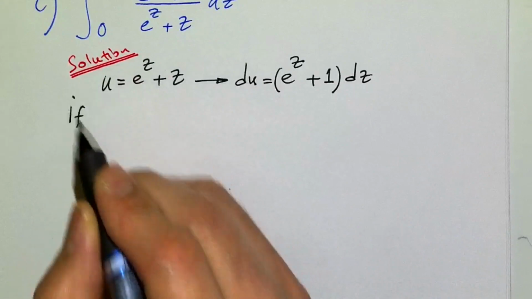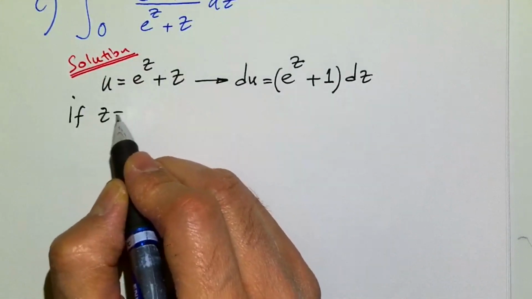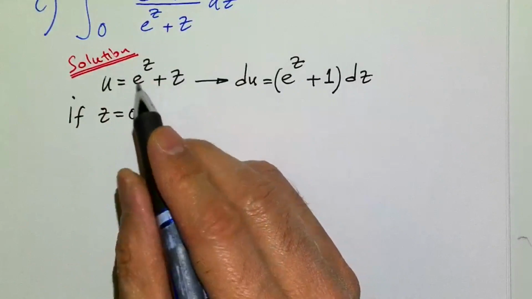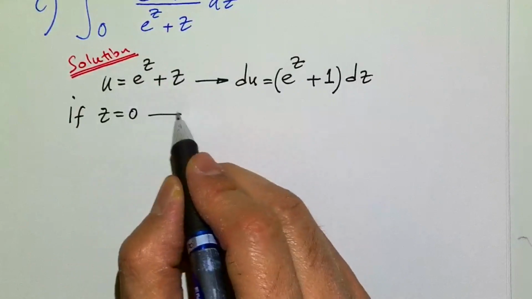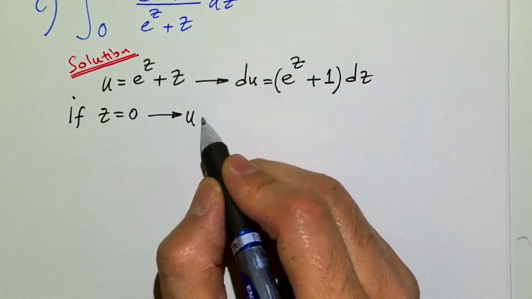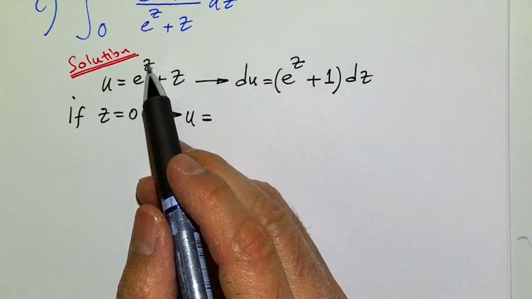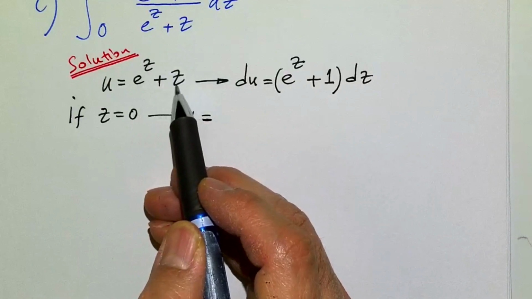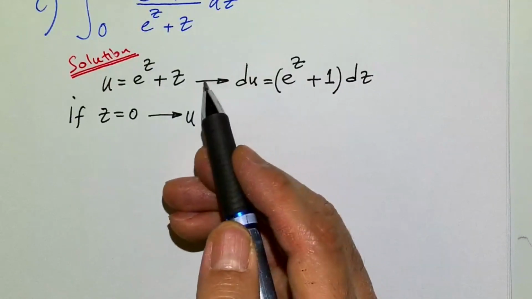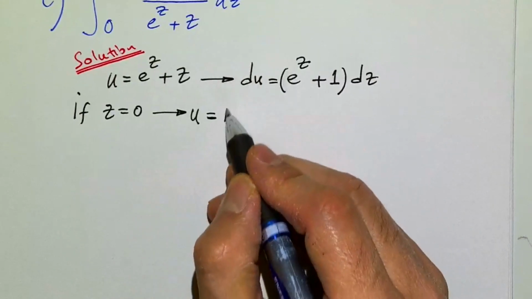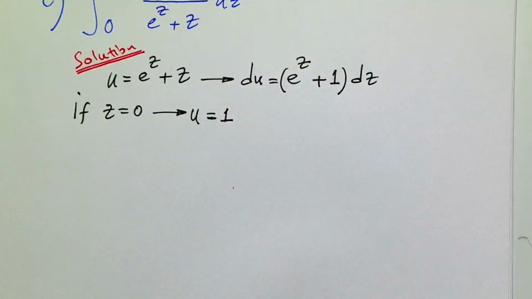So if z equals 0, then what do we get for u? Then u will be e to 0, that would be 1, plus 0. 1 plus 0 is just 1. So that's the lower limit for variable u.